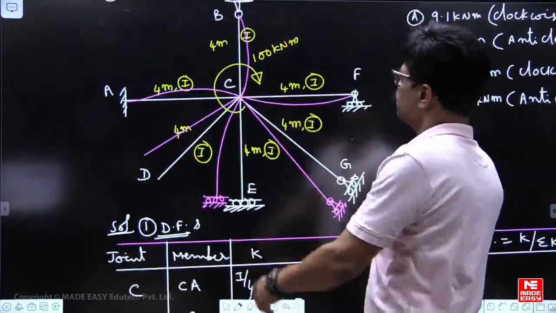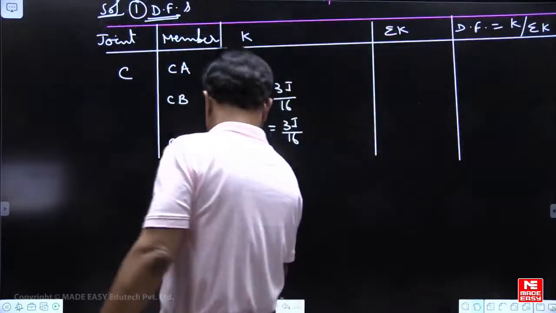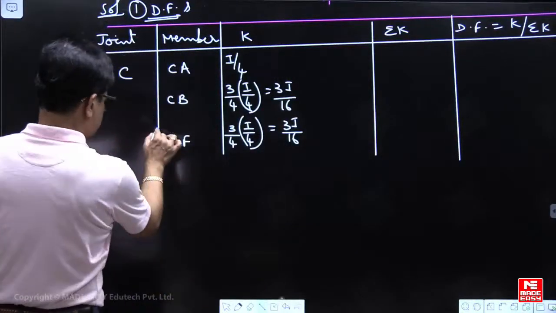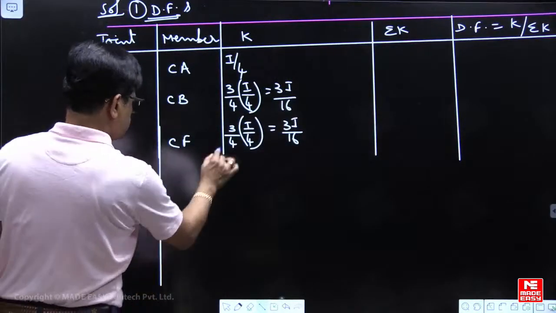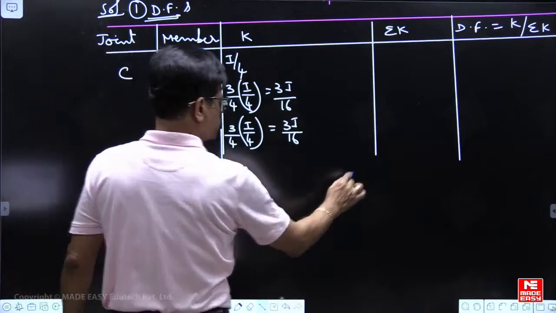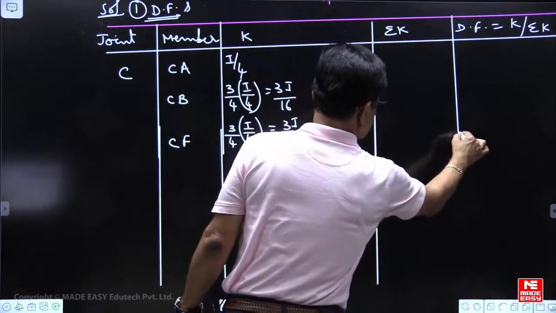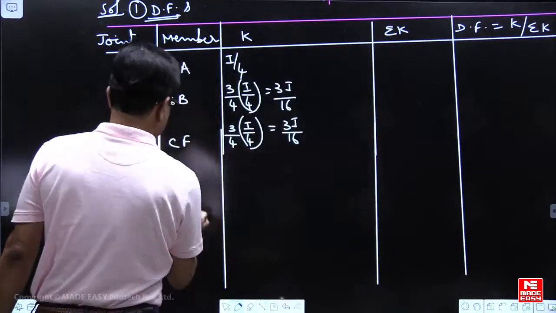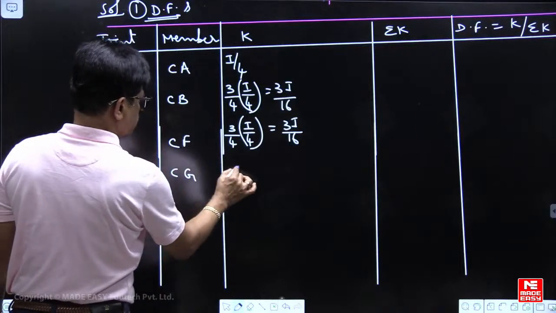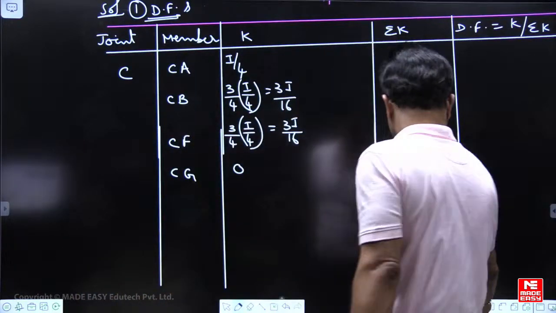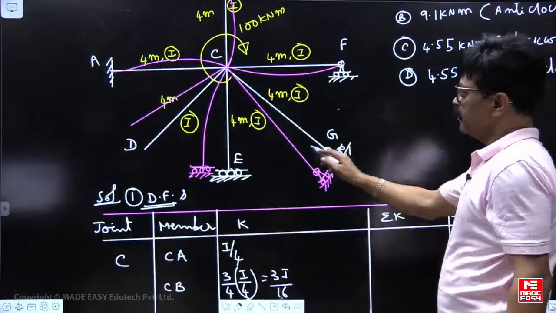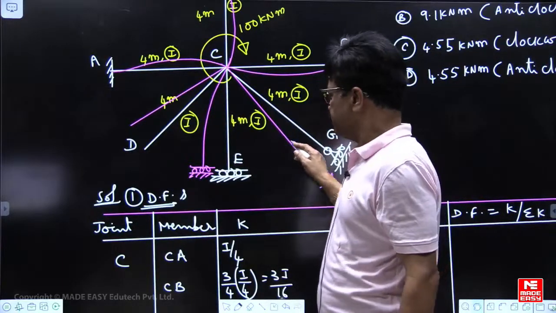Next, CF is over. CG: zero, because it doesn't bend at all, it remains like a free end.